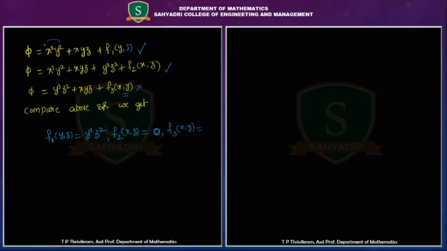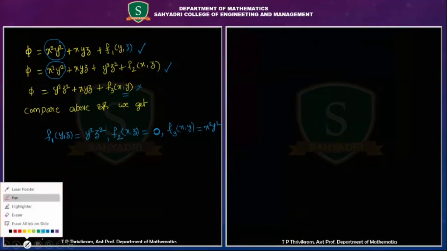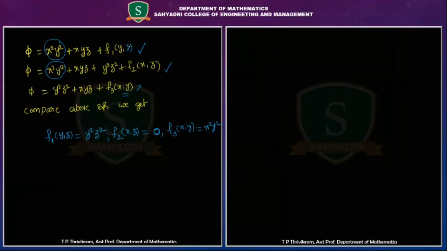I'll get x square y square available here, x square y square available here, and these two are same. If these two are same, you can write only one. Fine. Getting right?